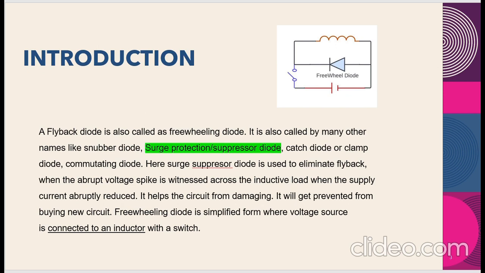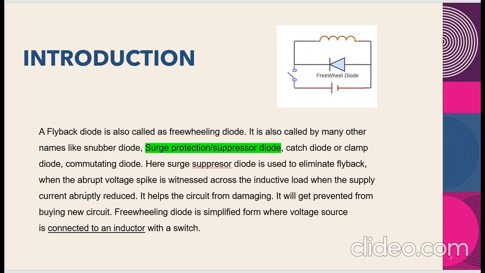It is also called by many other names like snubber, surge suppressor diode, catch diode, clamp diode, or commutating diode. Here, the surge suppressor diode is used to eliminate flyback, the excessive transient spikes of voltage or current that any inductive coil will create during operation or actuation time.